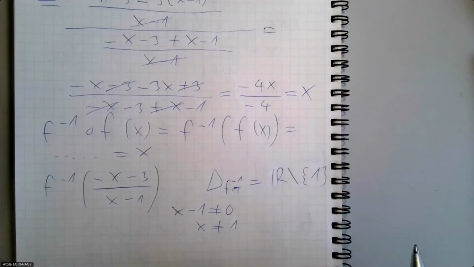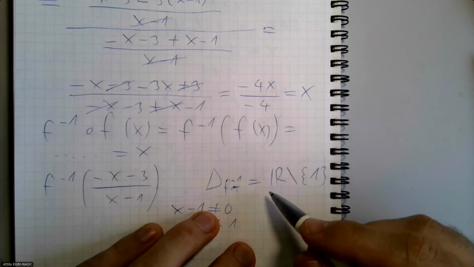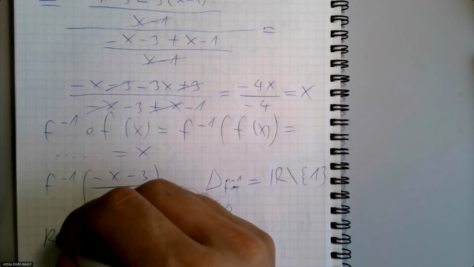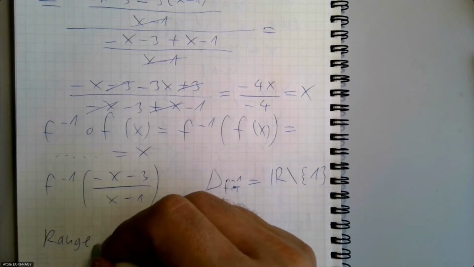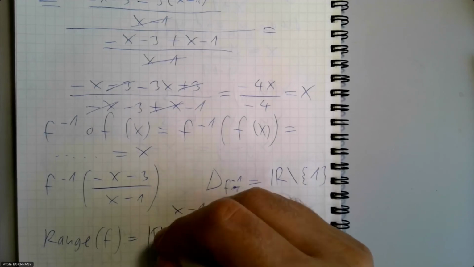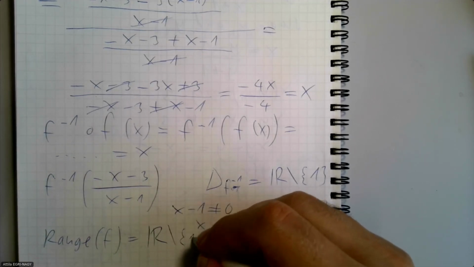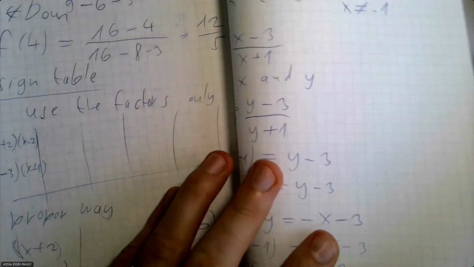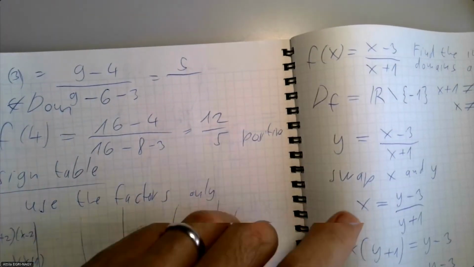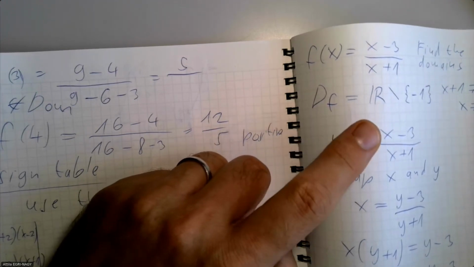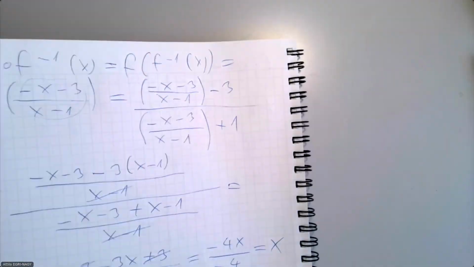So now what do we know? Well, if that's the domain of the inverse function, then I know that the range of f will be this, and also if I check back what was the domain of this function, that was all real numbers except -1.